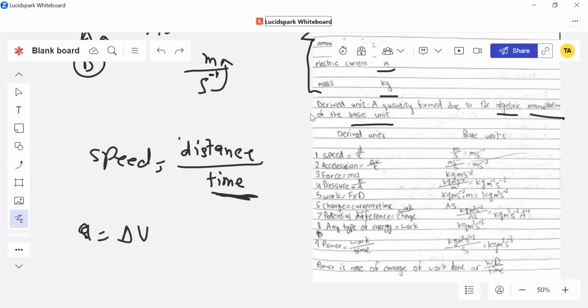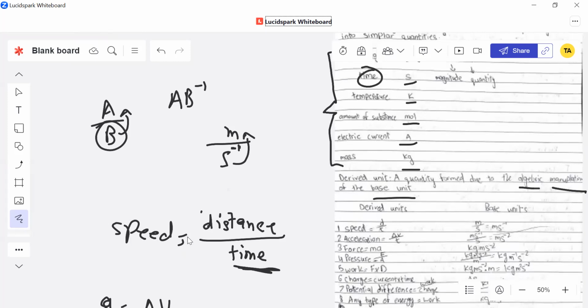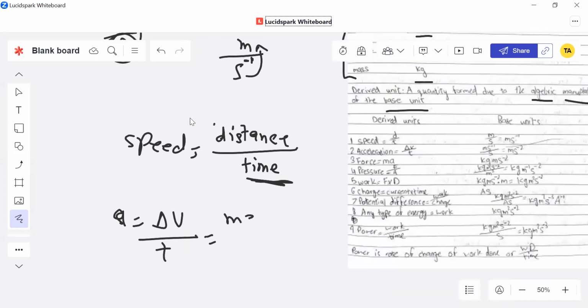Acceleration is delta V over T, right? Delta V, I know speed has the base unit of ms^-1. So instead of delta V, I'll write ms^-1. I won't write ms^-1 minus ms^-1. I'll write it simply as ms^-1, because that's the base unit of velocity.